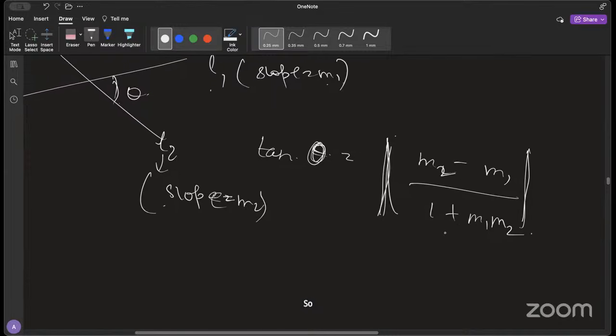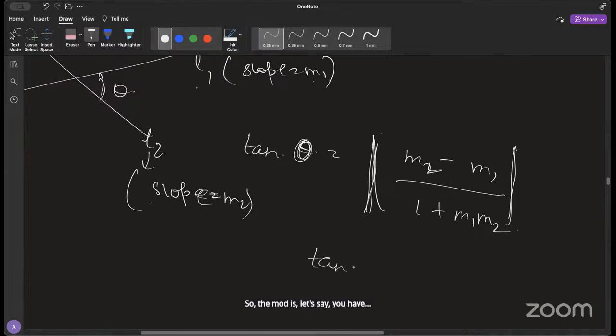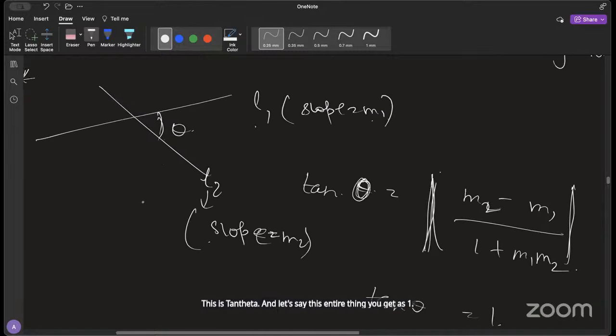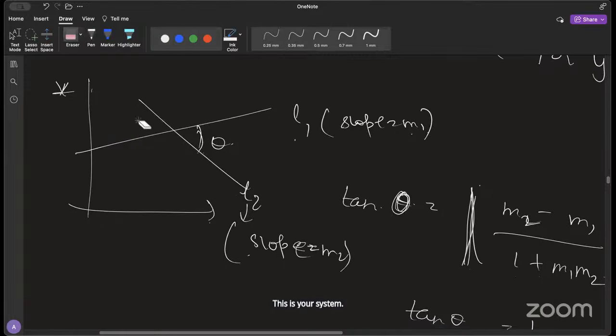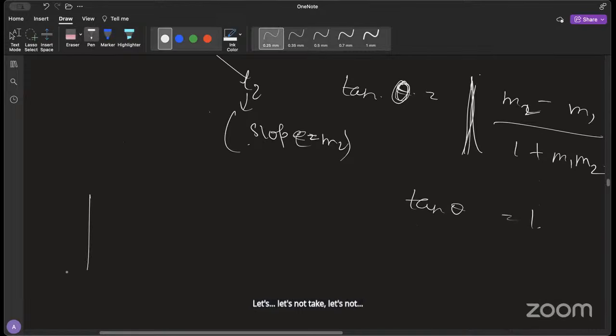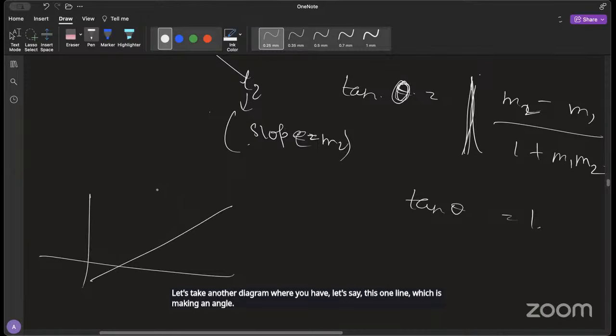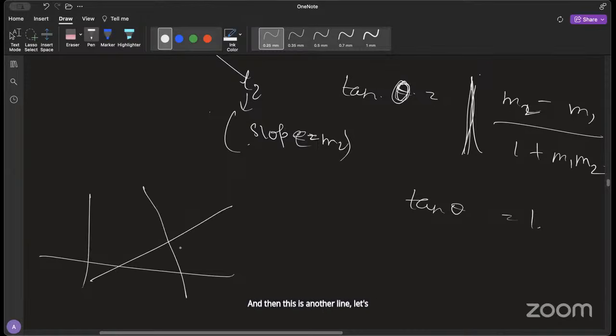So the mod is, let's say you have tan theta, and let's say this entire thing you get as 1. Let's say these two are your lines. Take another diagram where you have one line making an angle and another line. If your tan theta is 1, this is one theta, and the other theta is this, right?